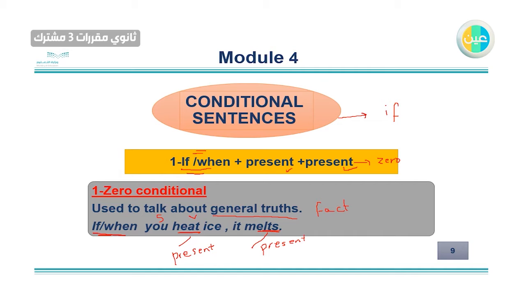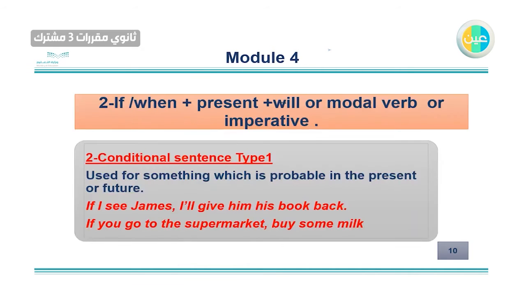Number 2, if or when plus what? Present, okay? So yes, we have a present with if, but look, what do you have in the other part? You don't have a present here. You have what? Will. But as you know, will is the present form, not the past. The past is would. So you will have will or a modal verb, any modal verb, like for example, can, okay?